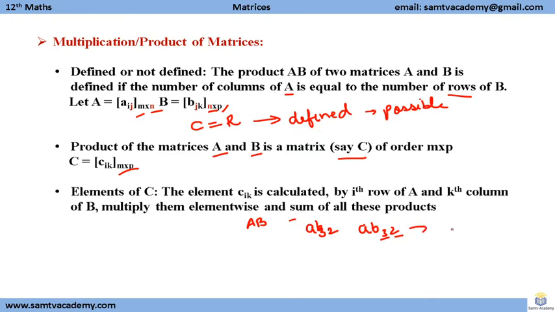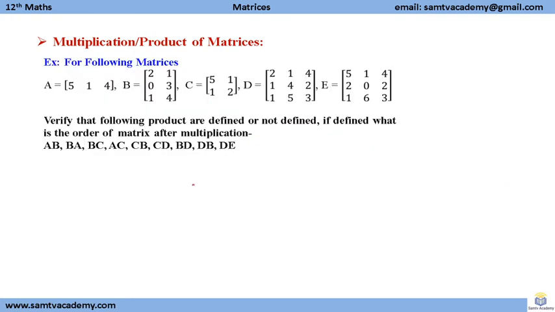That will be the respective (AB)32, or the (AB)ik element. In the coming slides we will verify all these things with examples: whether the product is defined, the order, and how to find a single element. In this slide we will see whether the product is defined or not.